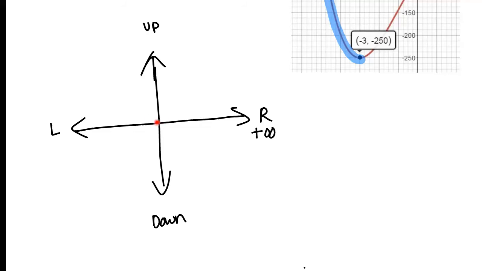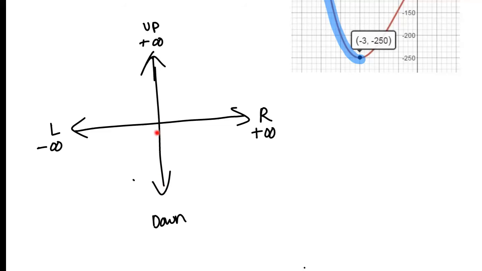Now, if I look at the left side, where are the x's going? The x's are going like negative 10, negative 100, negative 1,000, going forever to which infinity? Negative infinity. And then looking at the y-axis, it's going up forever, like 1, 2, 5, 10, 20, 100, 1,000, going up to positive infinity.